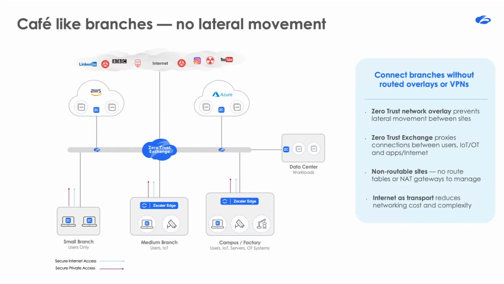Because to your point, those zero days on IoT devices, how do we ensure that those systems, those printers, IP cameras, door badge readers, all that other stuff that resides within a location, how do we bring that into the Zero Trust fold? How do we ensure that they only connect to things that they should be connecting to based on policy, and that they don't have access to a full-blown network through routed paths across the board? So it's really about implementing that Zero Trust fabric so that things can communicate because there's a policy that says they can communicate to certain things, right?